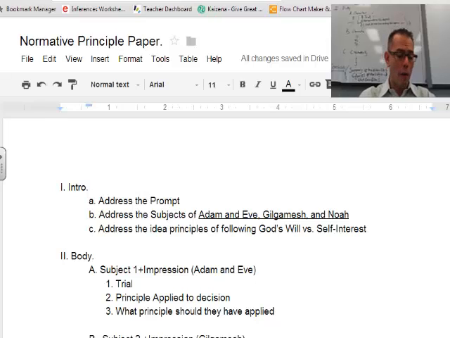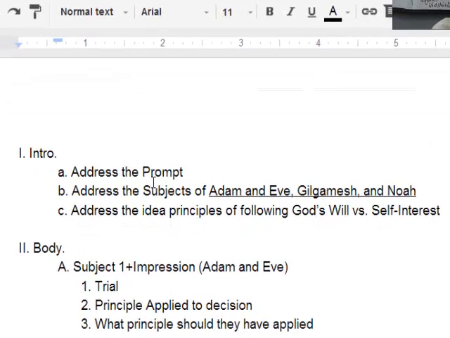First of all, in the introduction, you may want to address the prompt about how these stories are guidance to the living. And make sure that you talk about Adam and Eve, Gilgamesh, and Noah in your introduction. Another thing, you may want to talk about the two main principles that we've looked at: God's will versus self-interest.